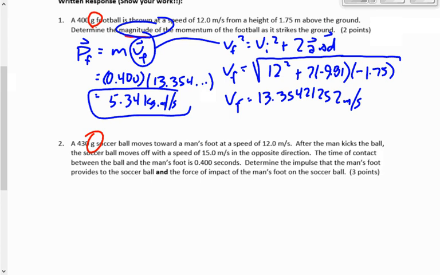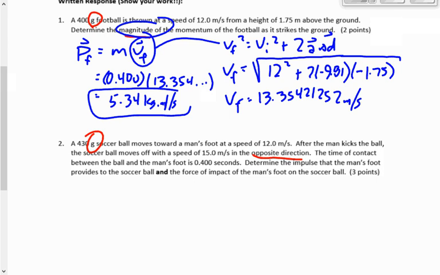What do I want to do with the red pen here? What do I want to draw attention to in this question? I haven't even read the whole thing yet, but there's already something that I want to draw attention to. Man kicks the ball. The soccer ball moves off at the speed of 15 meters per second in the opposite direction. Opposite direction.